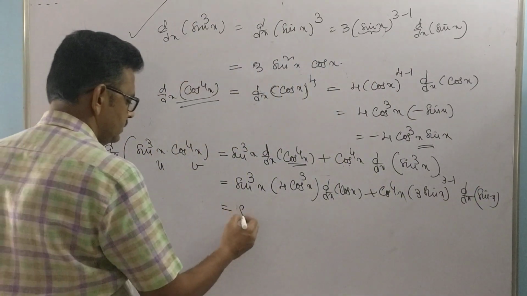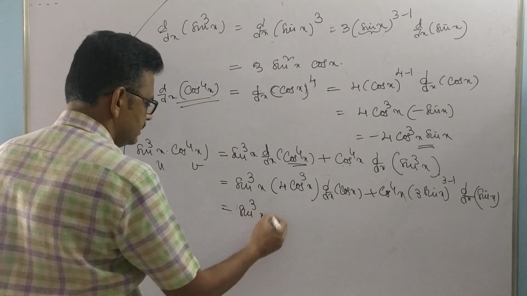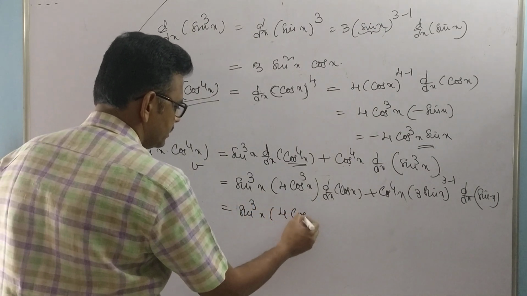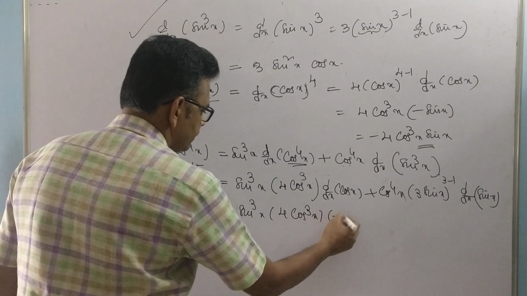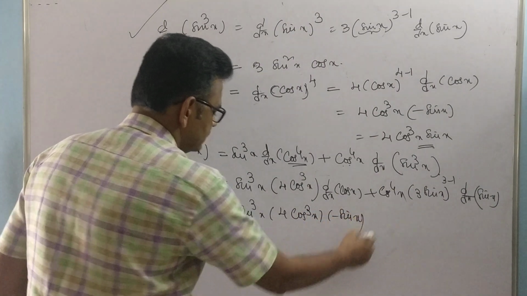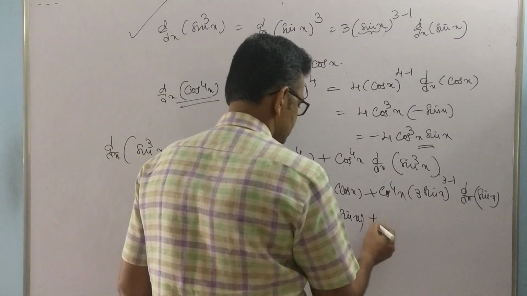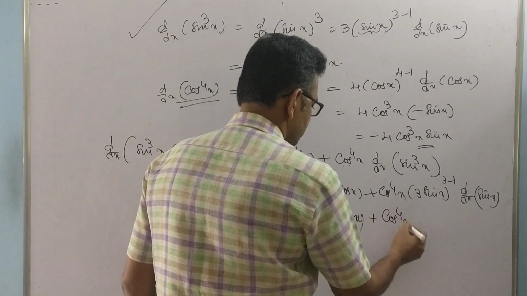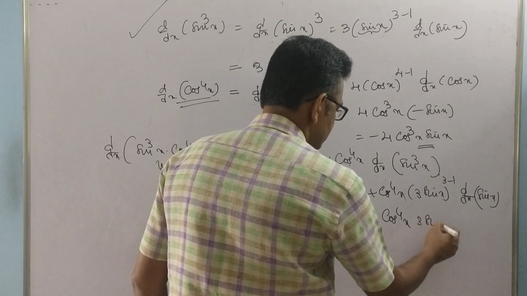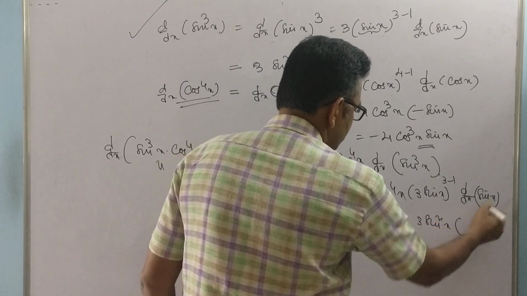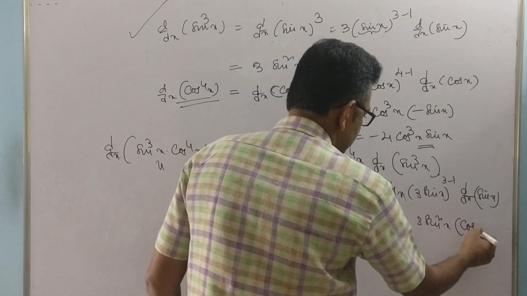So this is equal to sin cube x into 4 cos cube x, derivative of cos x is minus sin x, plus cos power 4x into 3 sin square x into derivative of sin x is cos x.